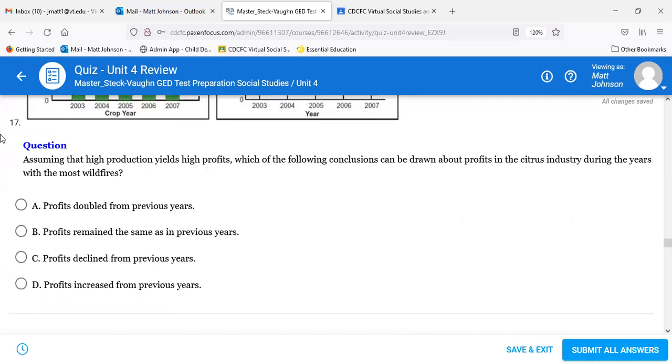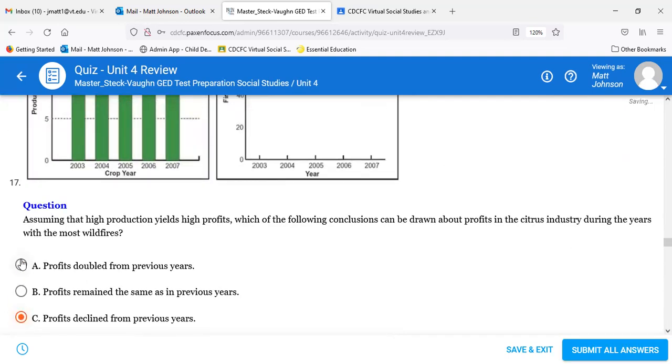So it's C, right? So profits decline from previous years. So, thinking about, making that assumption, if you're producing less, we talked about supply and demand. So in that time frame, you probably were also trying to charge more, but they may not compensate that.